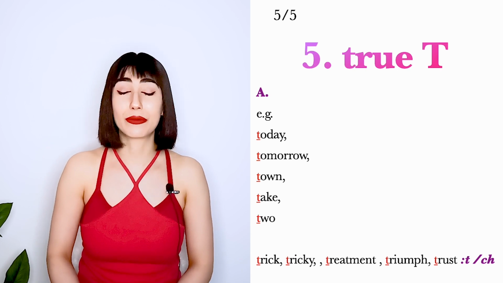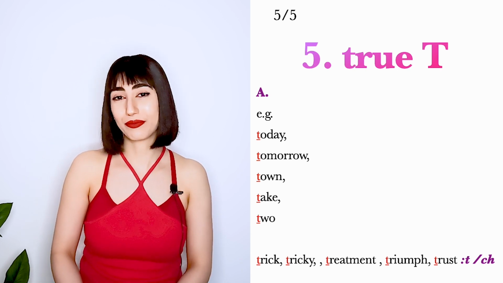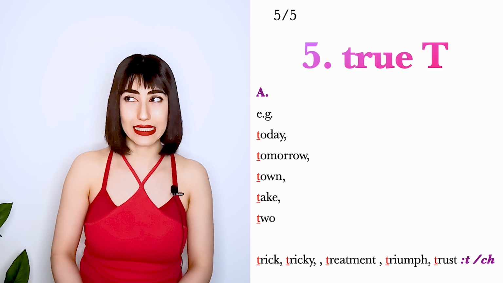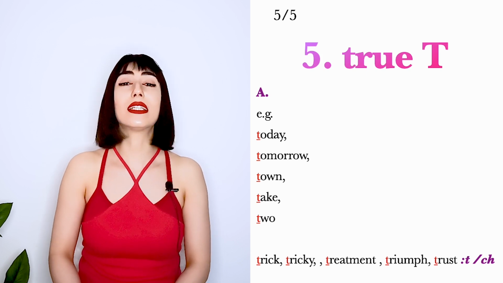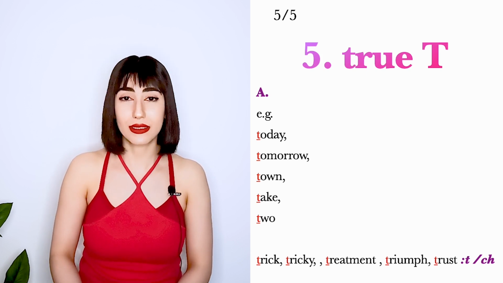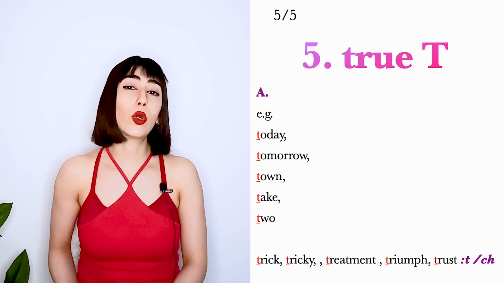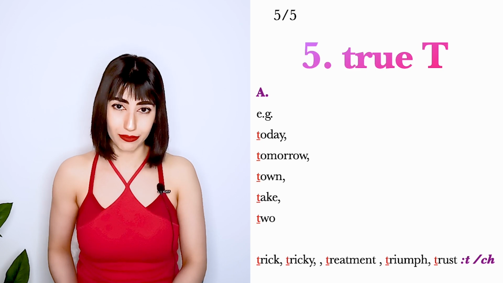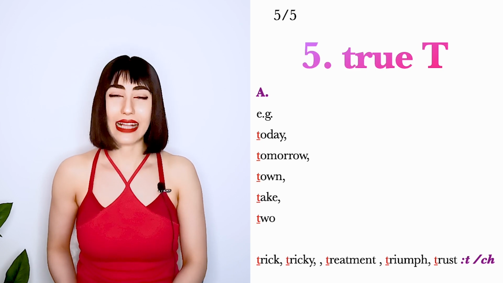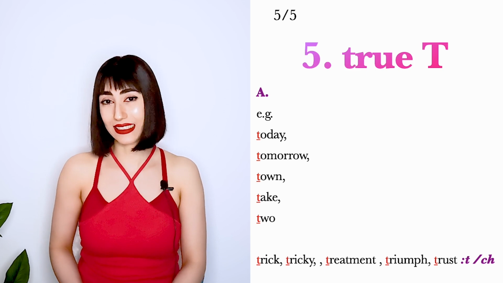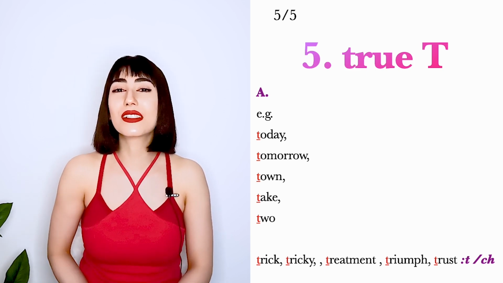And that treatment word, that's perfect. The first T is a ch sound T or a true T, treatment. And the second T is a flap T, or you may choose the glottal T for the second one. And the last T, again, is a flap T.